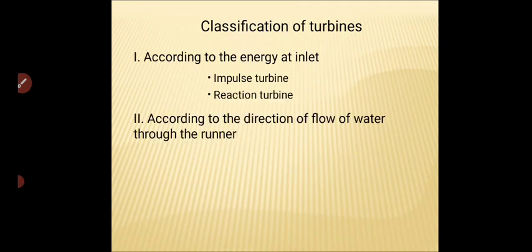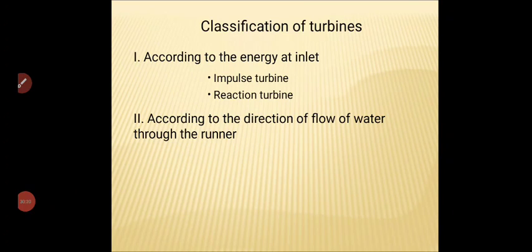And observe here, it is the main classifications of the turbine. There are four classifications. First one is according to the action of water. There are two types, impulse turbine and reaction turbine.